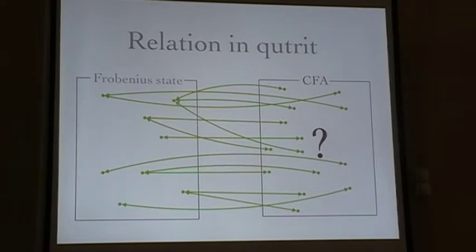However, in qutrit, unlike qubit, SLOCC equivalent classes of Frobenius state are also not known. So, before we study this relation, we have to find the SLOCC equivalent classes of Frobenius state.